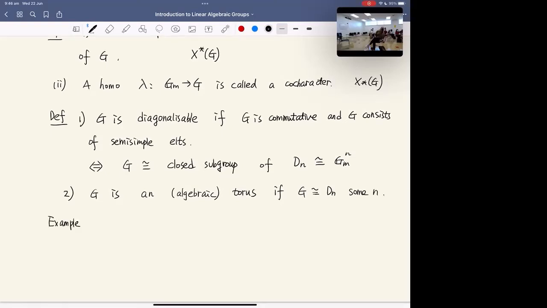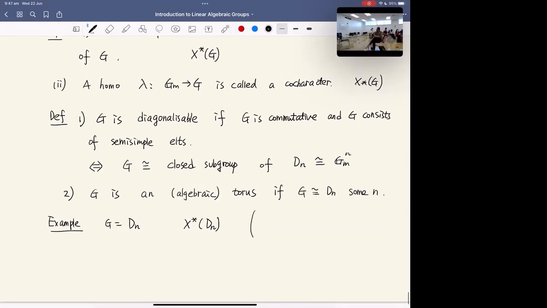Okay, so now maybe first look at an example for these characters and the co-characters. If G is just the diagonal matrices, what are its characters? Trace is not a group homomorphism, right?